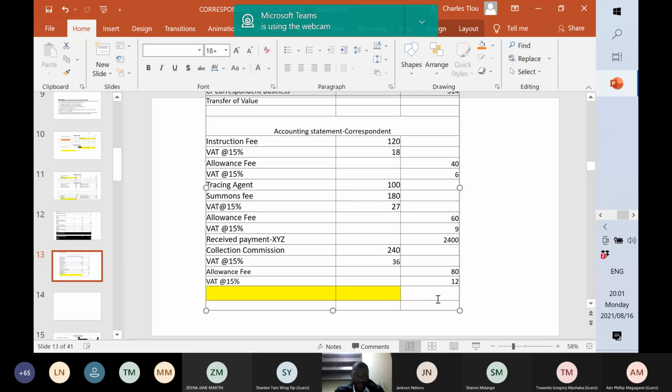How much is the total? When you add together the credit side, how much do you get? 2,607, like this. Yes, like that. Okay.